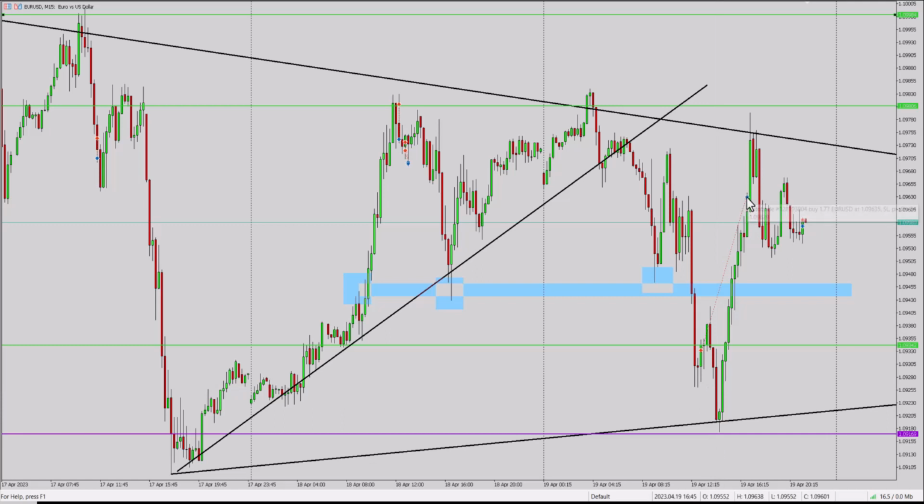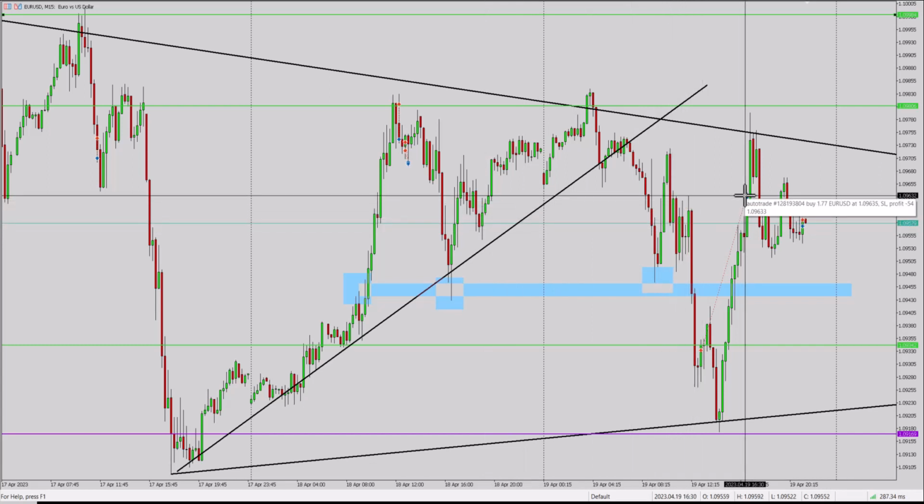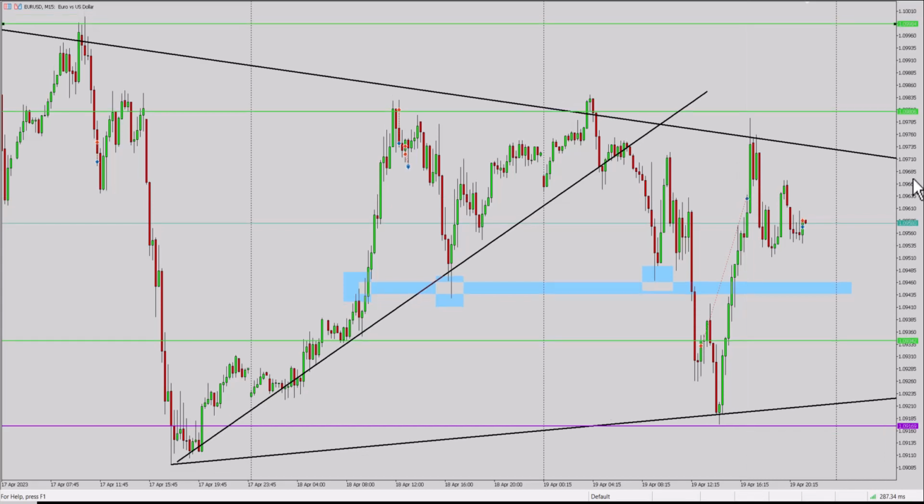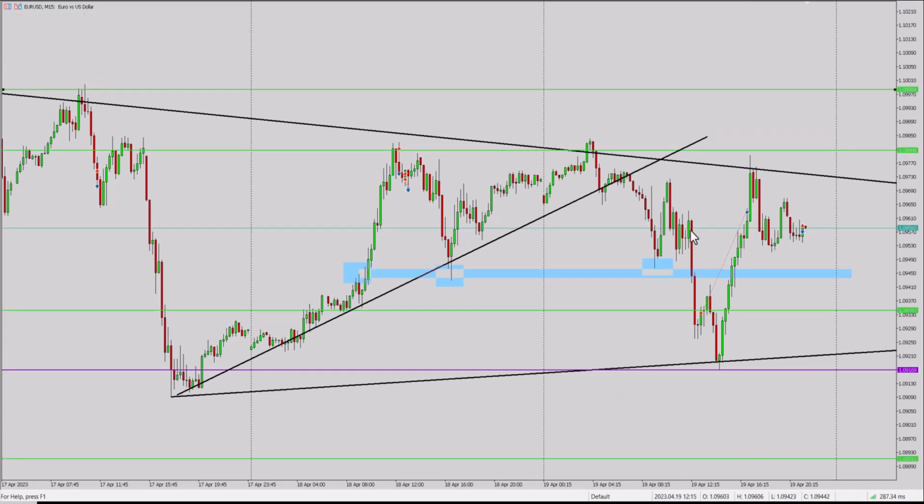So the market went against me and hit my stop loss, because I put my stop loss at the right position, at the high of this, above these highs and lows here, and support and resistance here. So my stop loss was at the right place, but my target was down there based on these two candles.